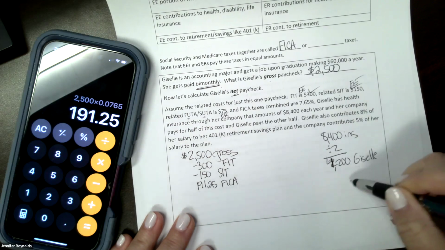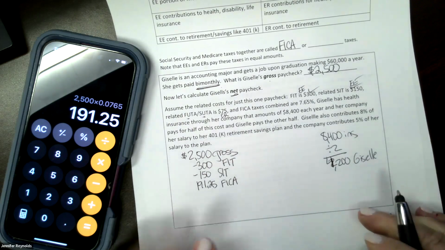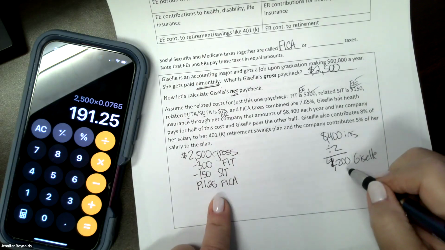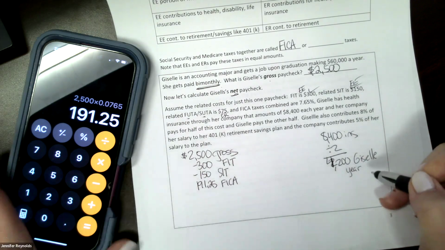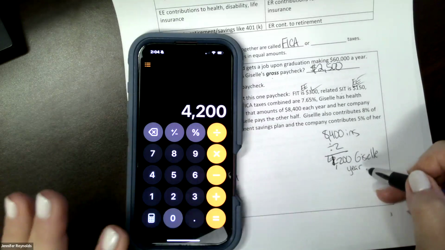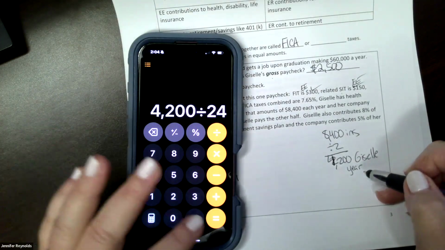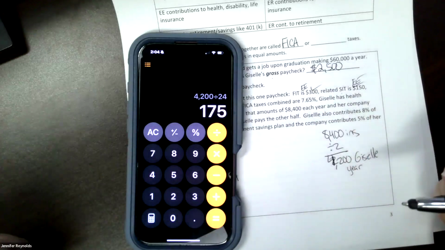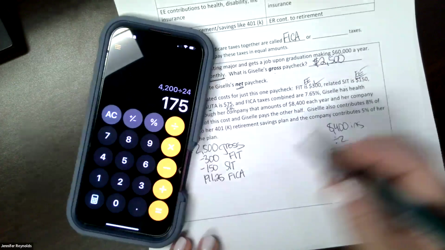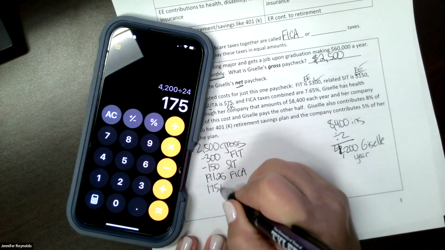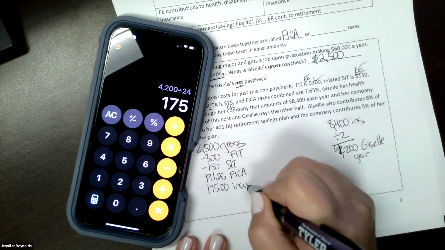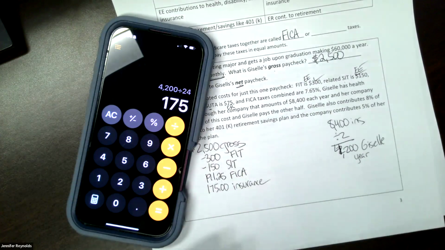Giselle pays this and her company pays another $4,200, but we're looking at just one paycheck. This is for the whole year, right? So I'm going to say $4,200 is Giselle's part for the whole year, divided by what? 24 paychecks in this situation, because it said she was paid bi-monthly. So another $175 comes out of each paycheck to help pay for her insurance.